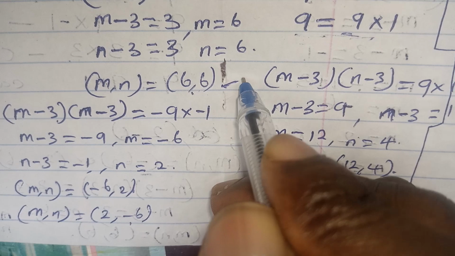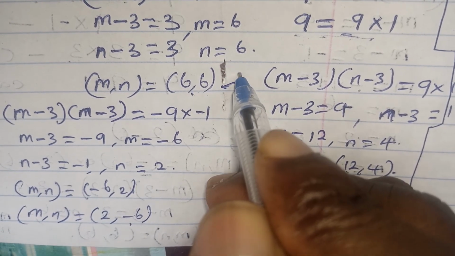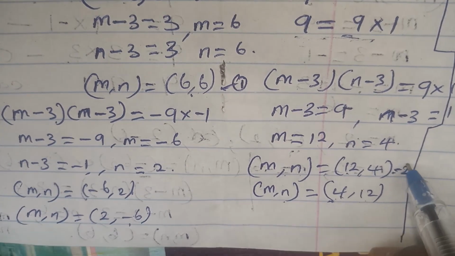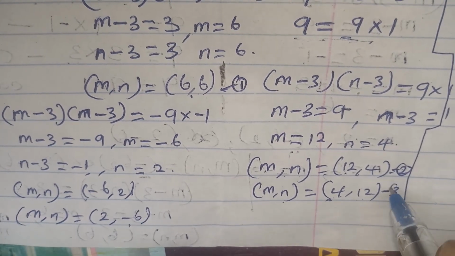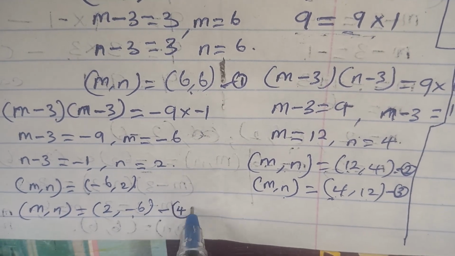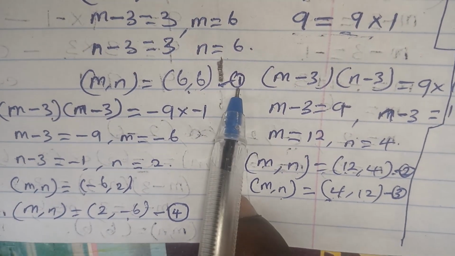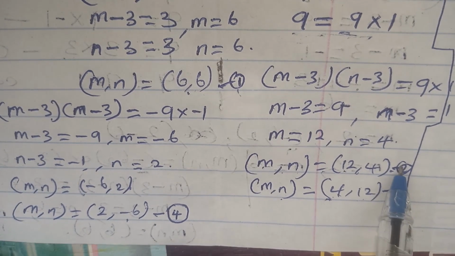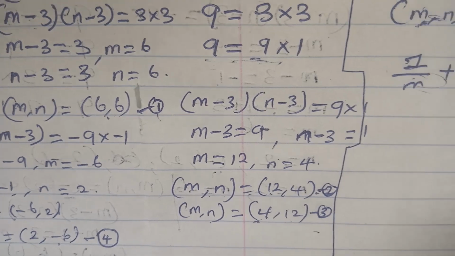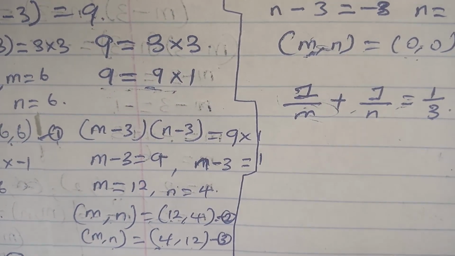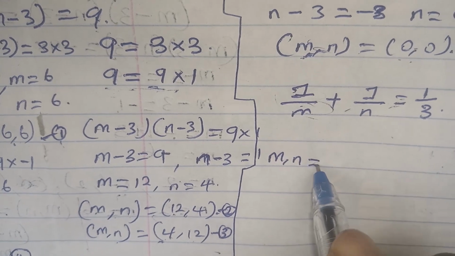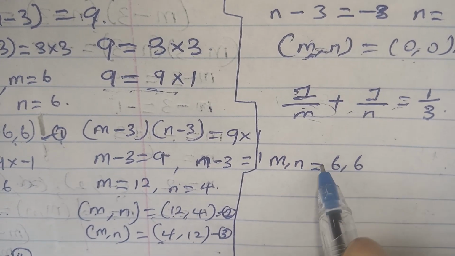Here is our first value, here comes our second value, our third value, and our fourth value. So if we write all the values out, m comma n is equal to 6 comma 6.